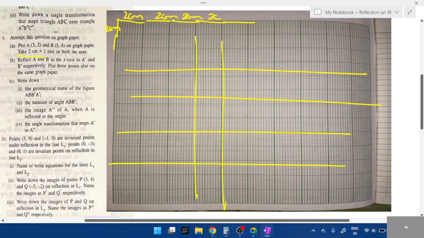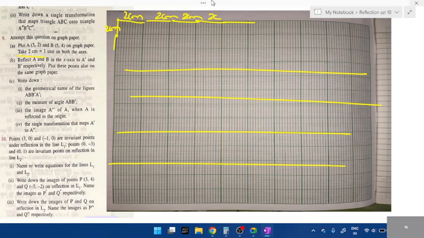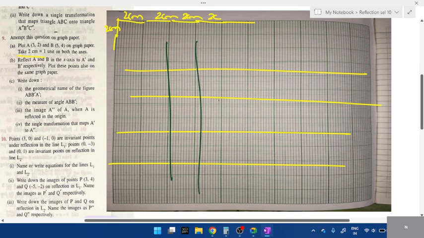All the straight lines like this, vertical lines. All the yellow lines are x-axis. All these black ones are y-axis.